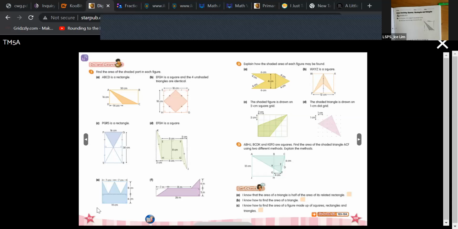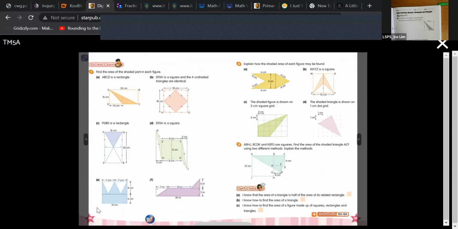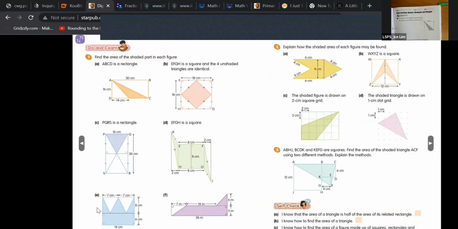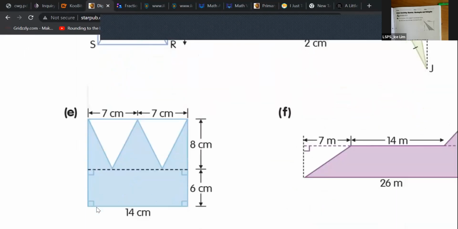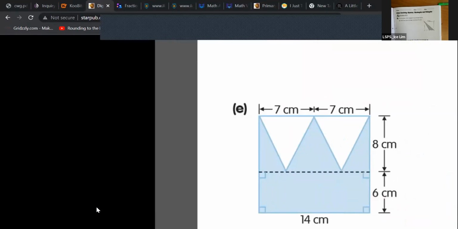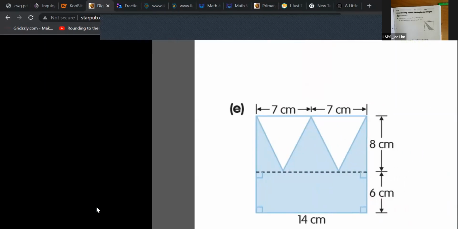Quick look, this one, do you think you want to do method one, method two, or directly find the answer? Very good, some of you are fast.